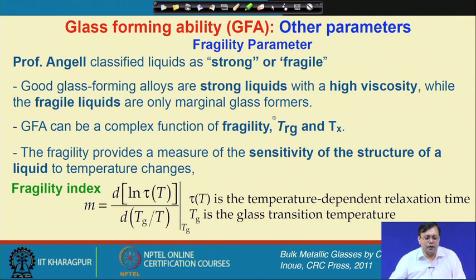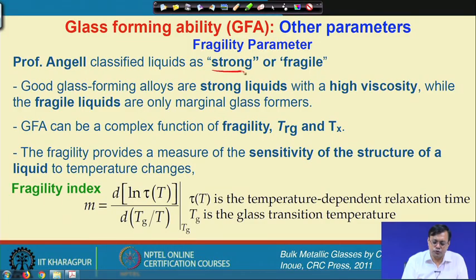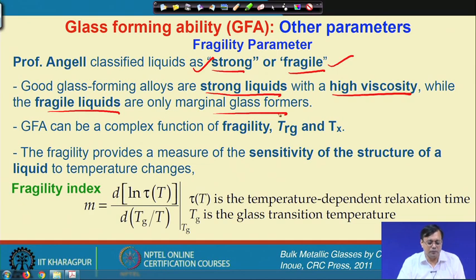Also, let us say Professor Angell, who has mostly done research on viscosity and strong and fragile liquids, classified this idea of strong and fragile glass forming liquids. He classified these two different types of liquid: one which is a strong glass former, meaning higher glass forming ability, and the other poor glass forming ability. So, the strong liquid has a very high viscosity and the fragile liquids are very marginal glass formers, that we have already talked about.